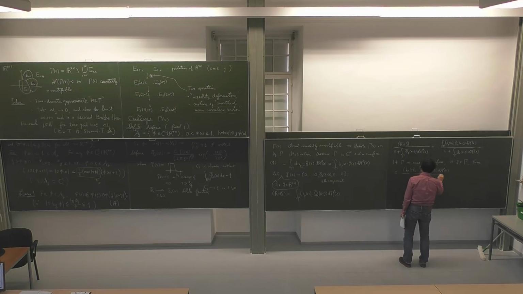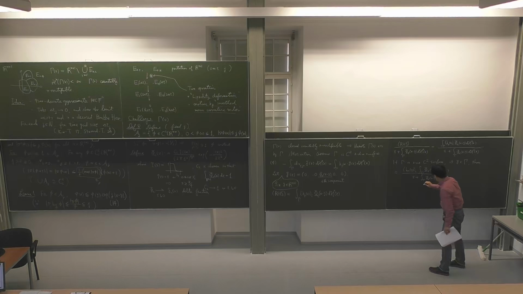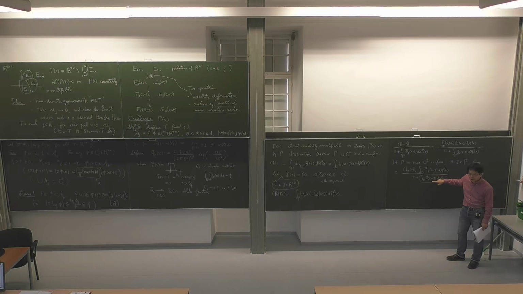Divided by epsilon plus gamma, the same thing. Now, also note that if y is in gamma, this is like an n plus 1 dimensional Gaussian integrated over the n dimensional surface, more or less.